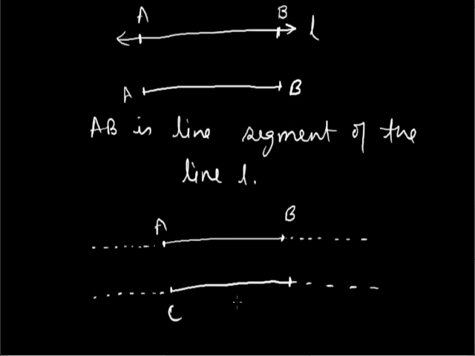Suppose AB is the line segment, then this portion between point A and point B is the original line segment AB, and I forcefully extend line segment AB in leftward direction from point A and in rightward direction from point B. Similarly I have done with line segment CD. Now these extended portions neither intersect, nor do the main line segments AB and CD intersect anywhere in the plane, then these line segments AB and CD are parallel.